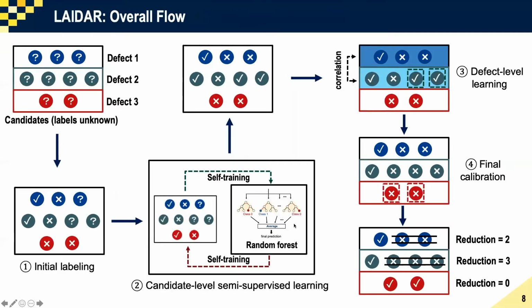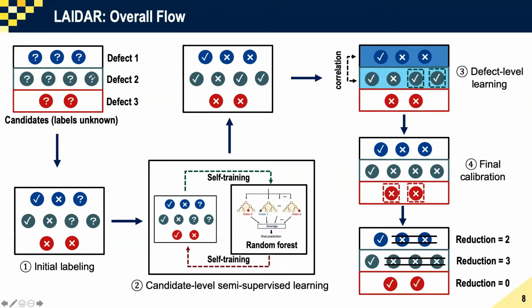So the overall flow of LAIDAR is divided into 4 stages. LAIDAR takes in as input the original diagnosis result from a population of failing chips. Each sample in the input data set contains the extracted features of a certain candidate and also includes the corresponding defect information.